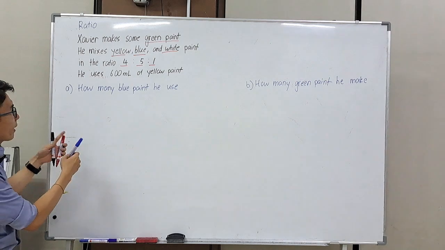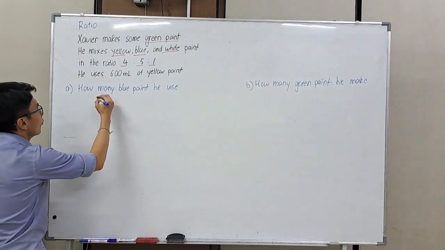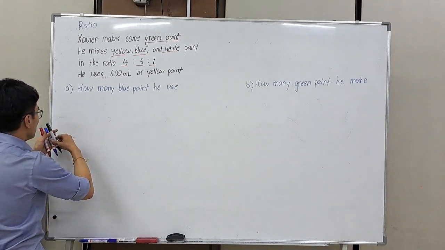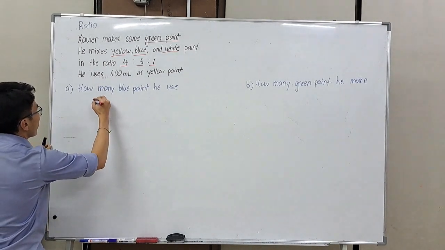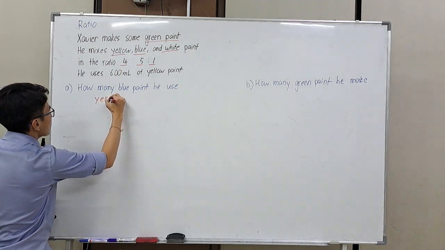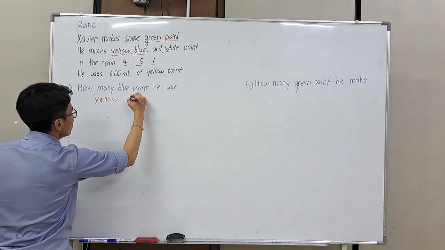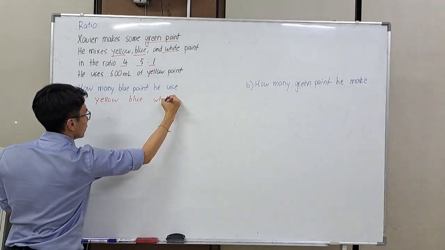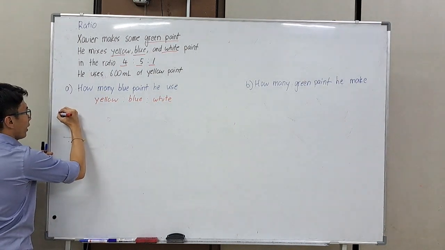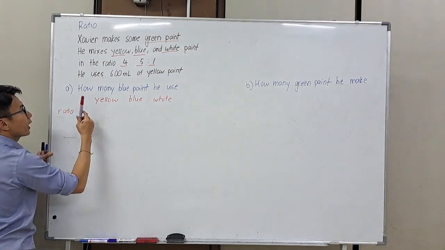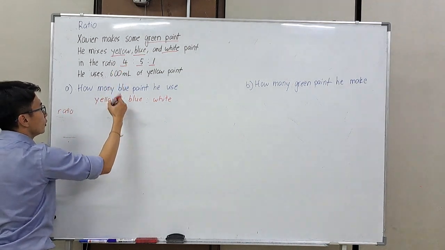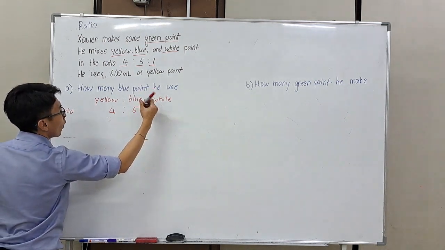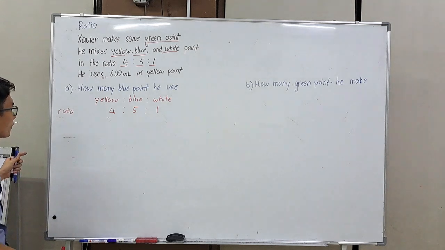So to make my green paint, I have my yellow, my blue, and my white. And the ratio of these 3 colors is yellow 4, blue 5, and white 1.